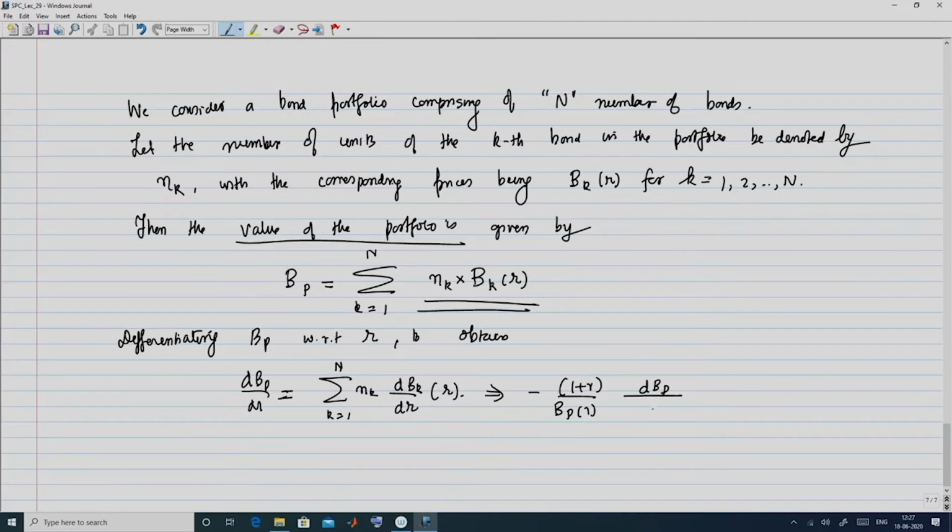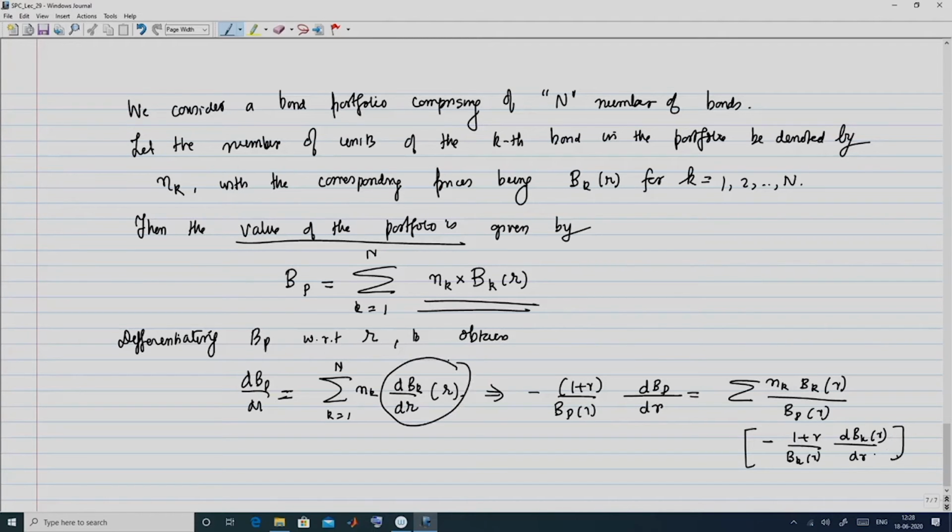So, I get minus of 1 plus r over bp of r into dbp dr, and this is going to be summation nk bk of r over bp of r into minus of 1 plus r over bk of r into dbk over dr. So, here this dbk dr remains as it is, the nk remains as it is.